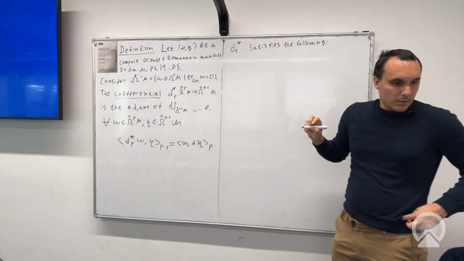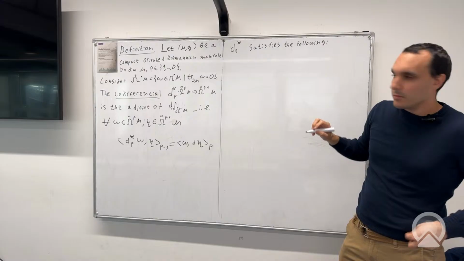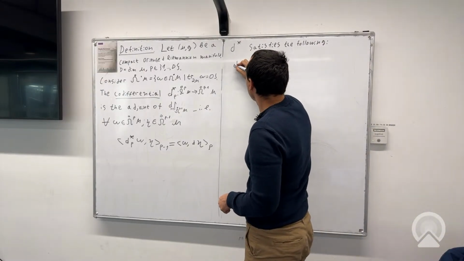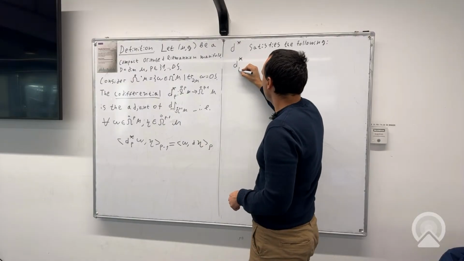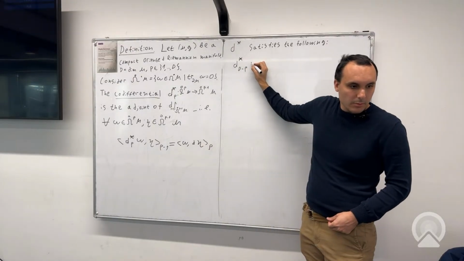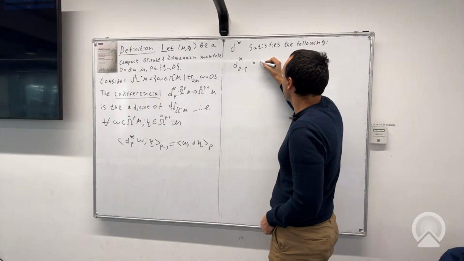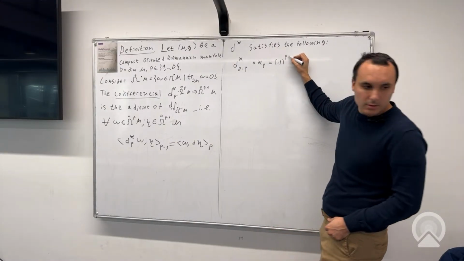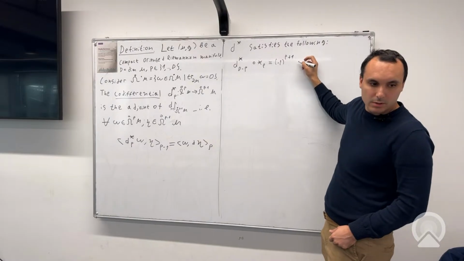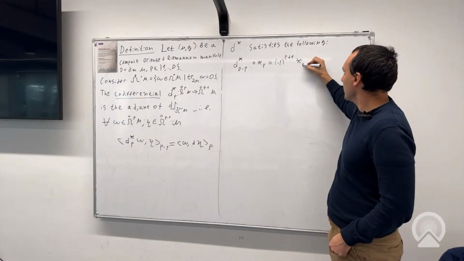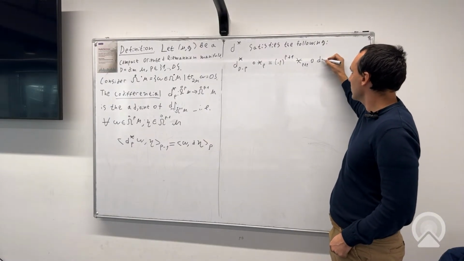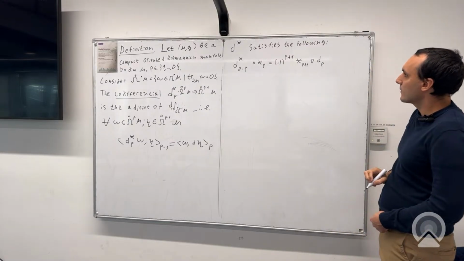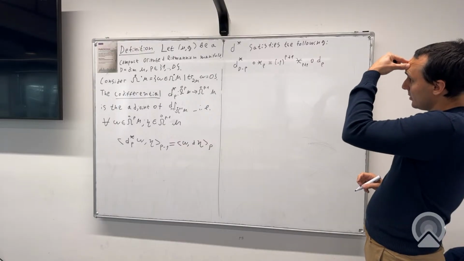So maybe d star on... So d star d minus p composed with star p is the same as minus 1 to the power of p plus 1 star p plus 1 composed with dp. Let me write this in a diagram.